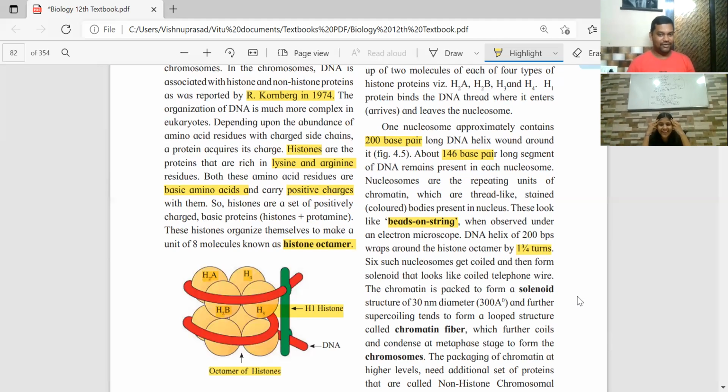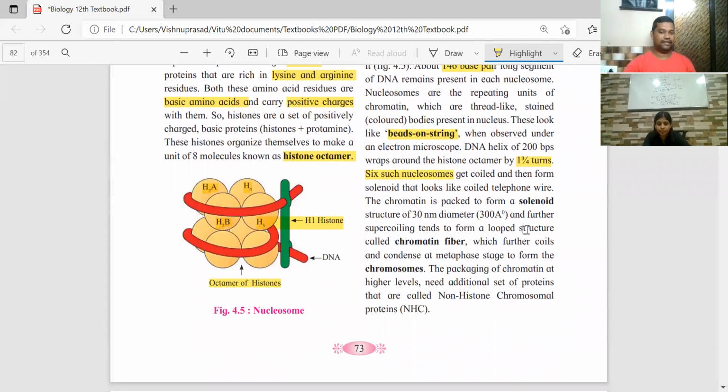अब देखना, there are 6 such nucleosomes, which form one solenoid. 6 ऐसे nucleosomes, it will form a solenoid which is coiled like a telephone wire. वायर देखा जो लैंडलाइन फोन होता है, you pick it up and there is a wire spring जैसा.